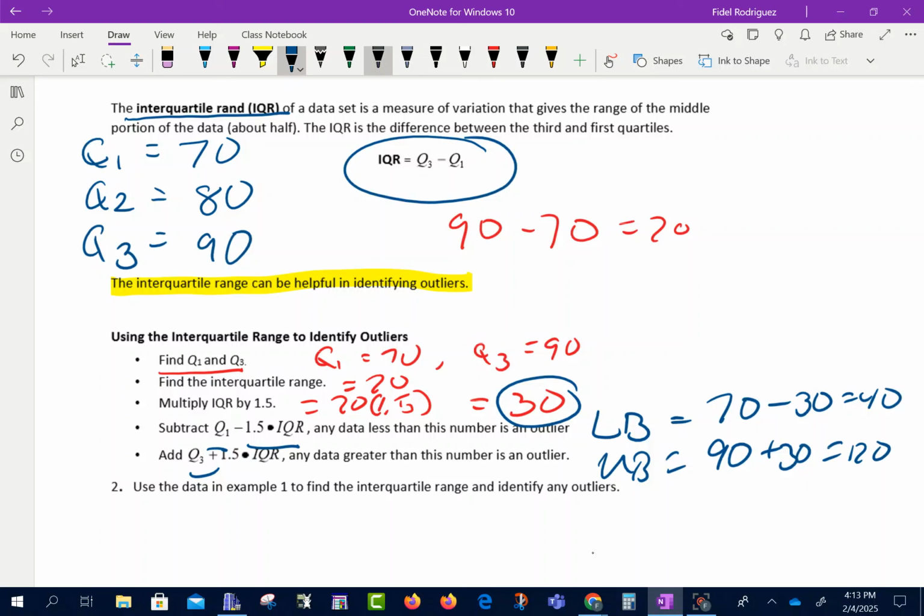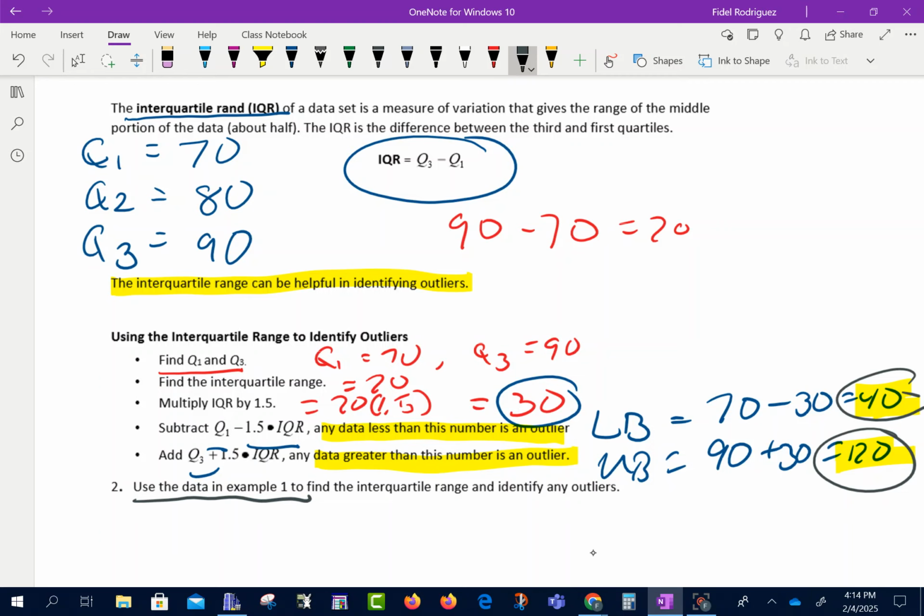So look what it says right here. Any number smaller than 40 is going to be an outlier, or any number bigger than 120 is going to be an outlier. So can we go back to that first problem we did with the 23 people who took their tests?